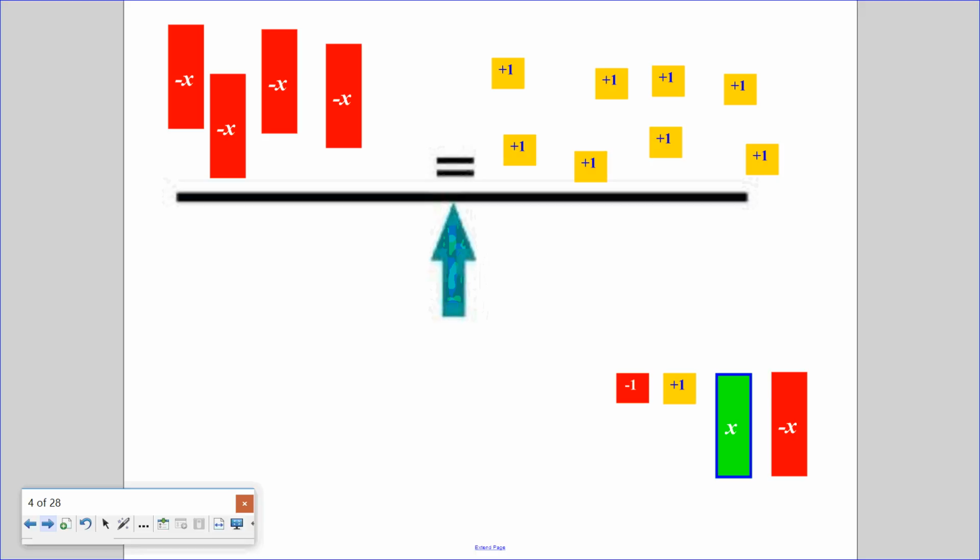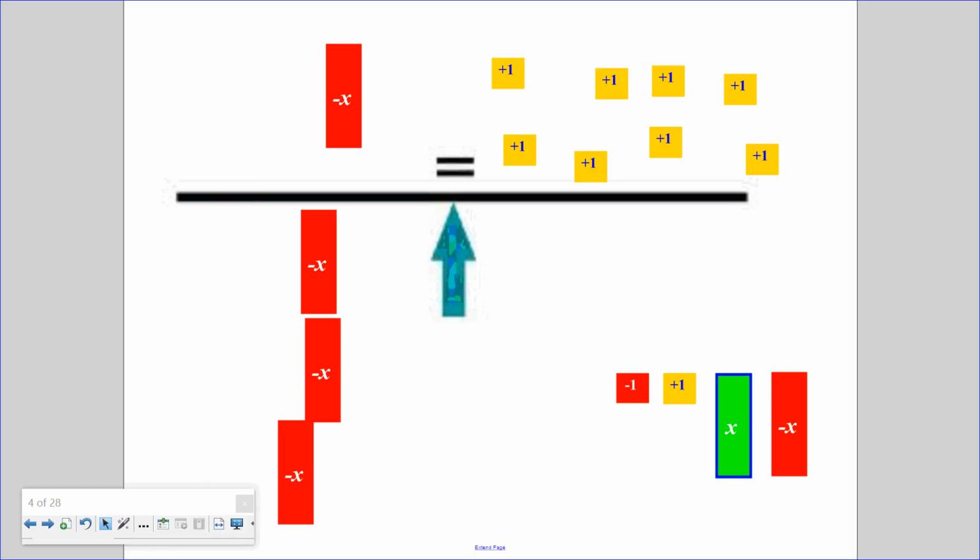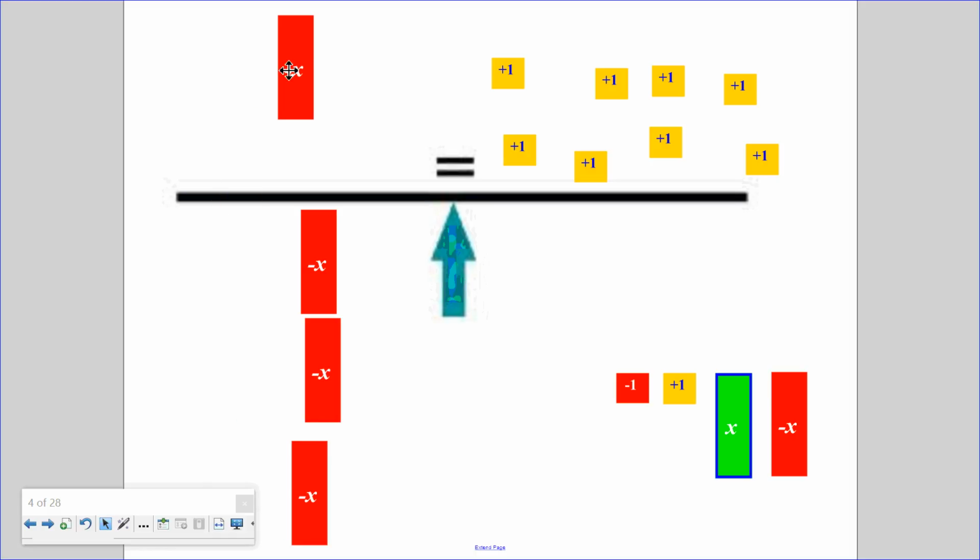We have -4x equals +8. Again, we need to isolate the x. Isolate, isolate, isolate. But you're going to say, but that isn't x. These algebra tiles are double-sided.